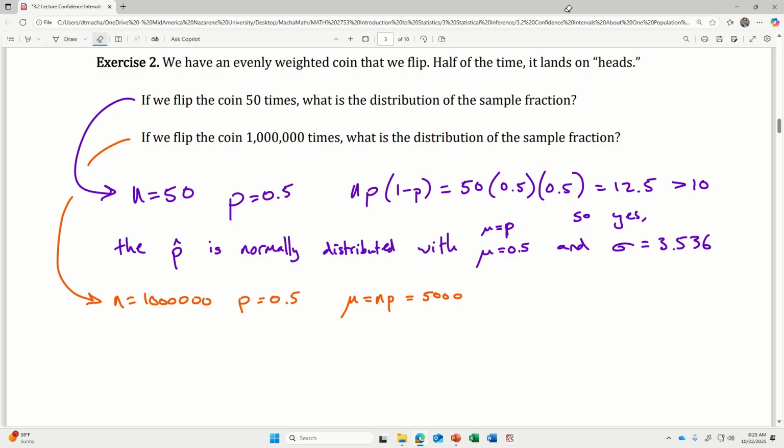Then the standard deviation of the distribution of the sample fraction is the square root of p times 1 minus p divided by n. So now in my calculator, I'm thinking the square root of 0.5 times 1 minus 0.5 divided by 50. Okay.